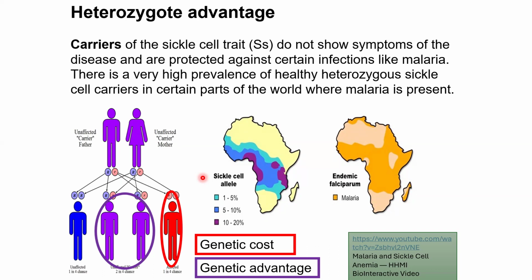So basically it carries genetic costs, but also a genetic advantage as well, depending on the situation you are in, being a heterozygote for sickle cell trait.